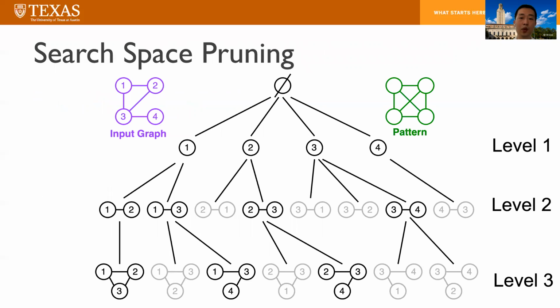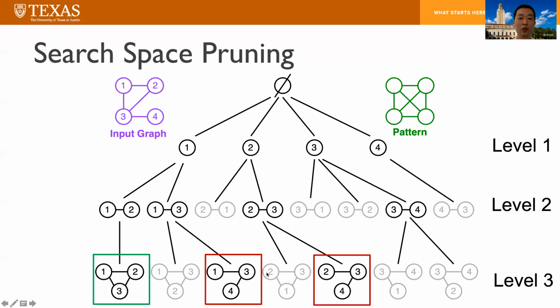Here is an example of pruning. In this example, suppose we want to find a pattern of 4-clique. At the 3rd level, we only need to extend the triangle. There is no need to extend the other 2 embeddings because they are definitely not going to be a 4-clique.